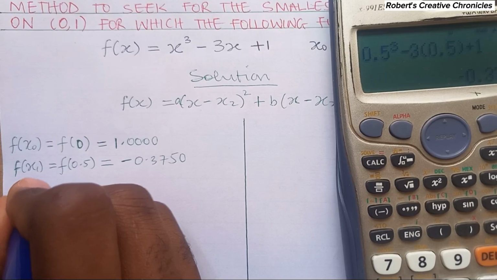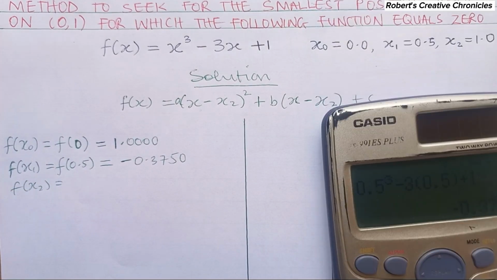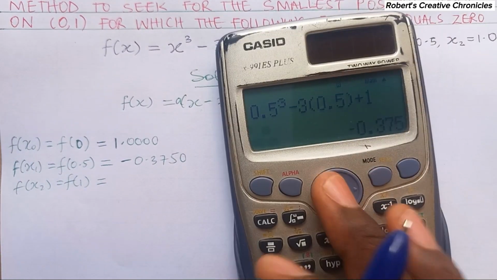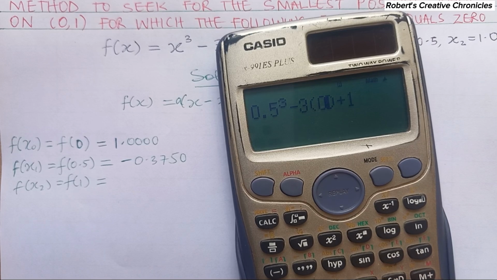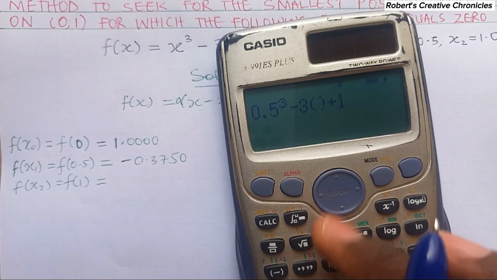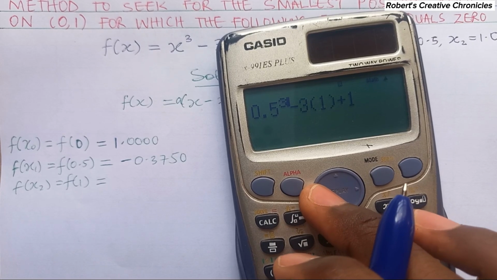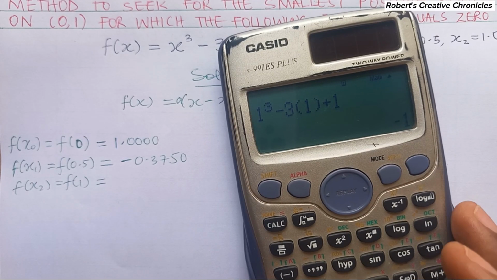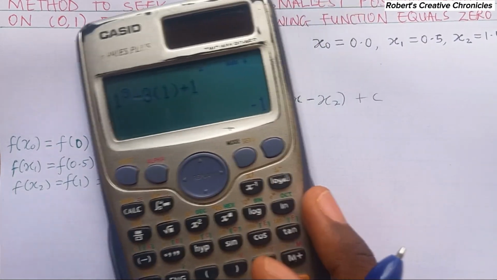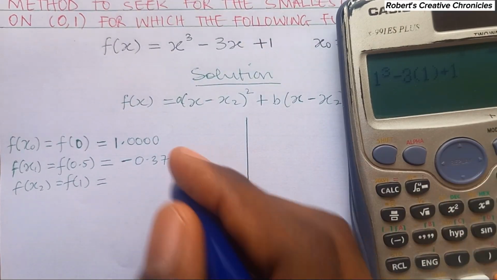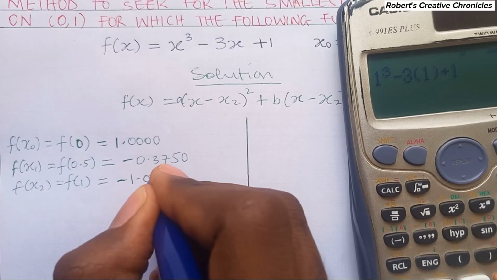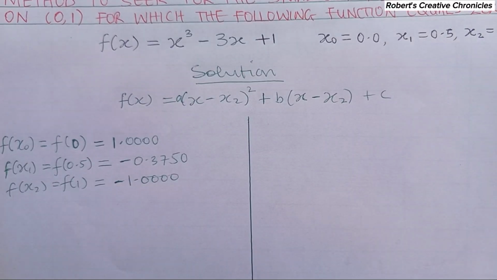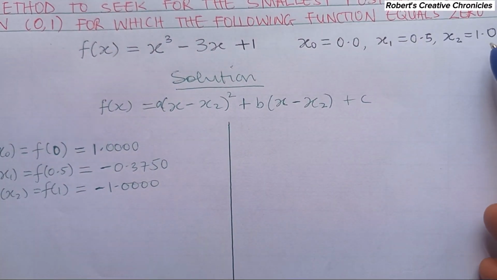Then f(x2), which is f(1). So this 1 minus 1, this minus 1. So now we have found the functions of all these approximations.